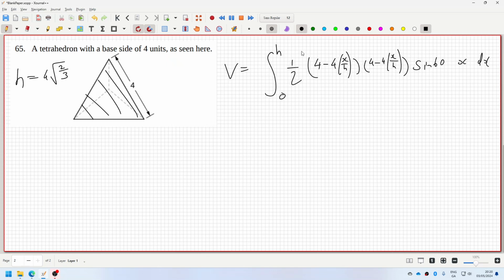So I can take the 4 out and the 4 out. That's the 16 out. Divided by 2, that's 8. And then sine 60. So it's 4 root 3, integral 0 to h, (1 minus x over h) squared. Sorry, there's no x there, it's just dx.